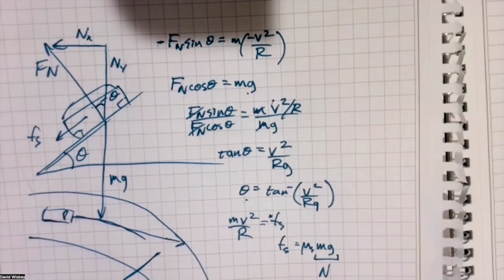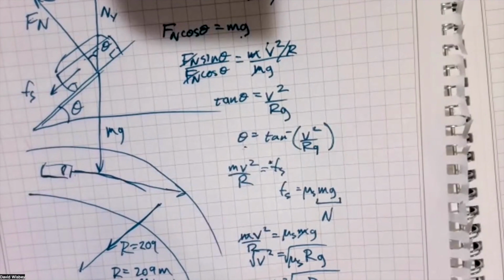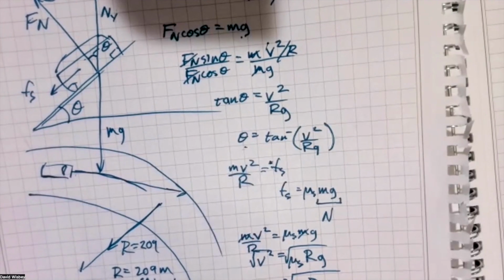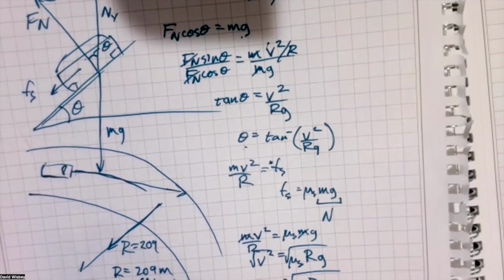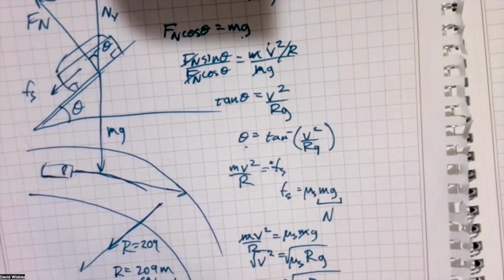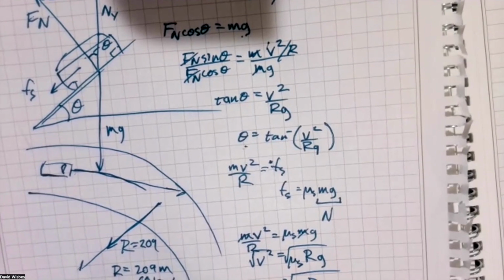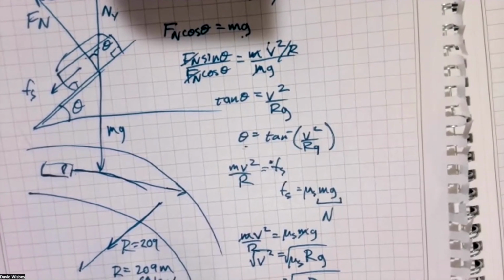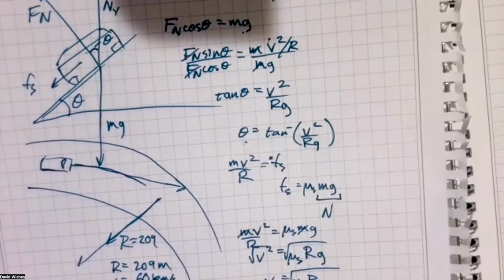So if v equals 20 meters per second, and the radius of our turn is 190 meters, and gravity g equals 9.8 meters per second squared, then what angle do we need to bank our road in order to keep our car from sliding off if it's wet?